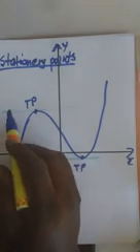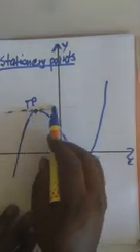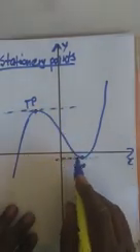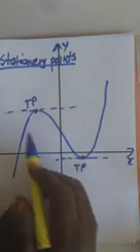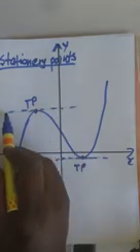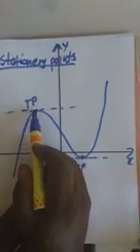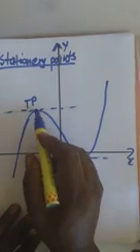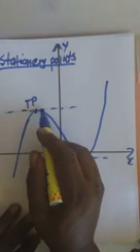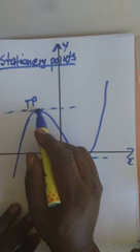For any horizontal line, the gradient is equal to 0. The tangent passing through the turning point is parallel to the x-axis, which means it has a gradient that is equal to 0.